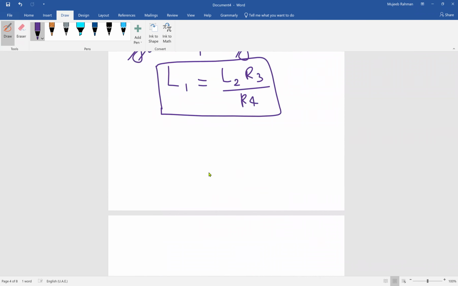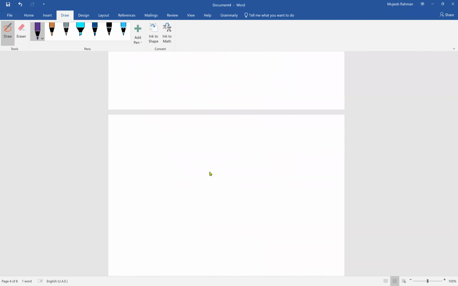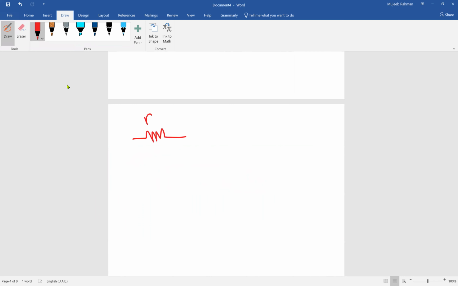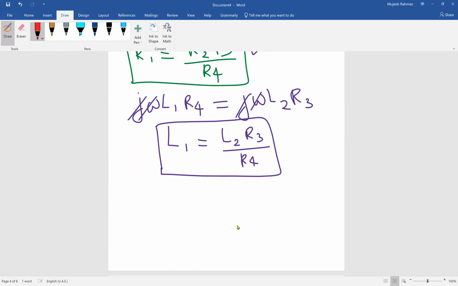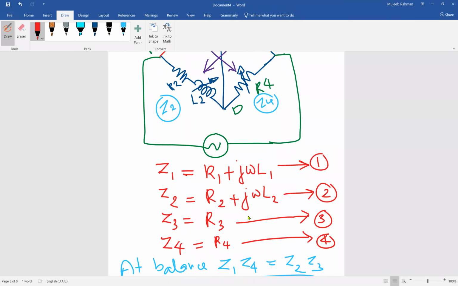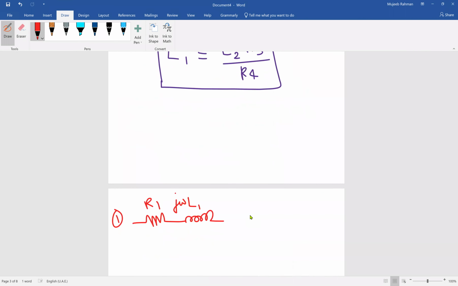As we know, we have 4 arms. The first arm consists of R1 and j omega L1. This is the first branch, or as per the diagram, we can say this is nothing but the node AB.